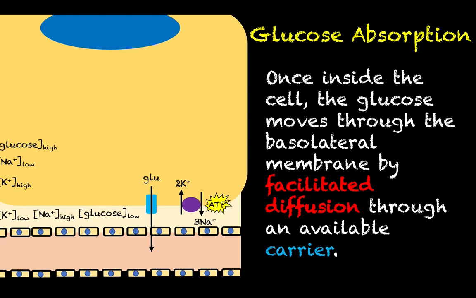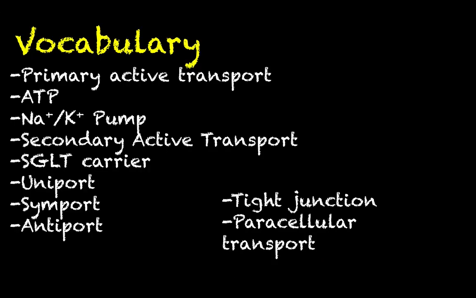I absolutely do not want you to forget the role the sodium-potassium pump played here. If you're not exactly latching on to what I'm talking about, go back to the very first step in this process and think about what would happen to glucose absorption across both the apical and basolateral membranes if the sodium-potassium pump were not operational.